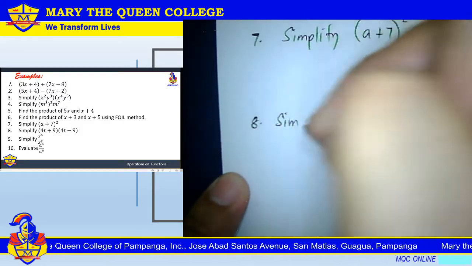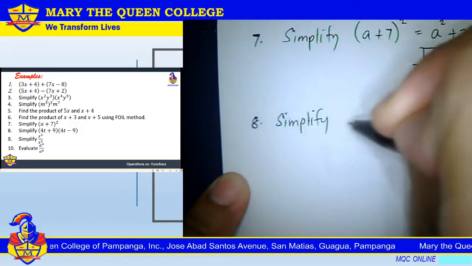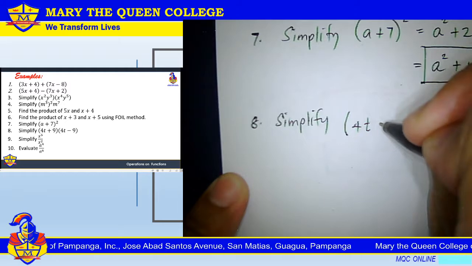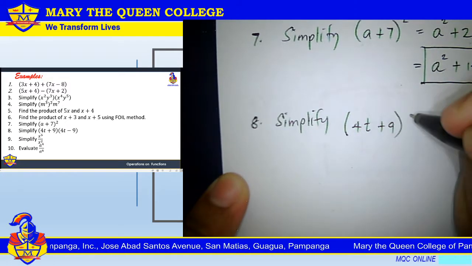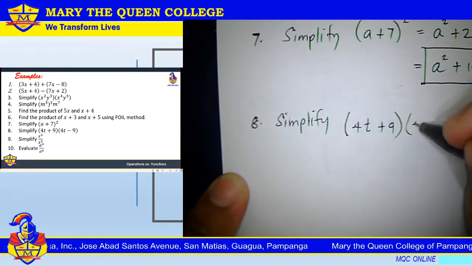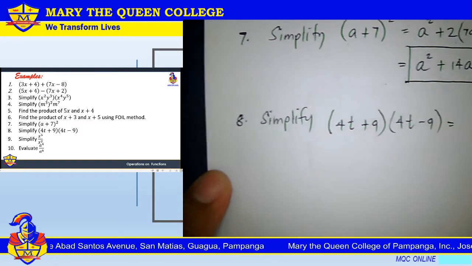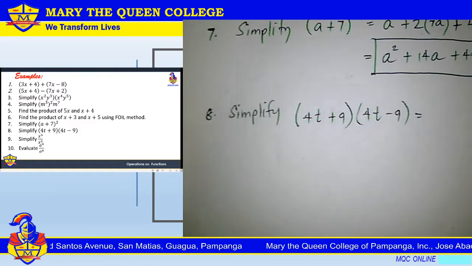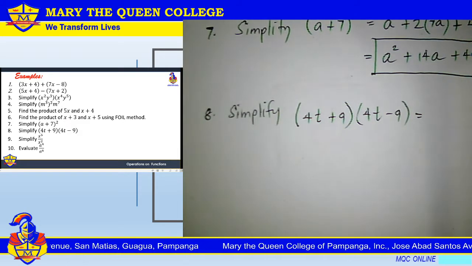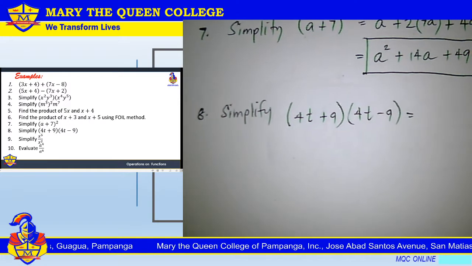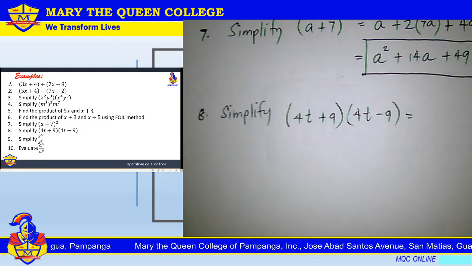simplify. So, it says here, simplify the quantity 4t plus 9 times 4t minus 9. Okay? So for number 8, simplify 4t plus 9 times the quantity 4t minus 9. Okay? So this is an example of, sige nga kung naalala.